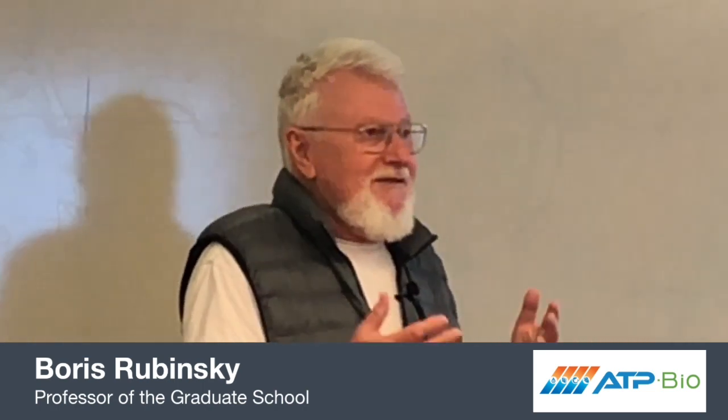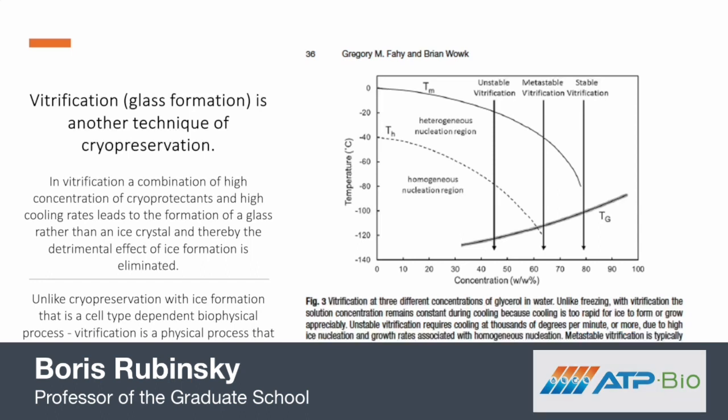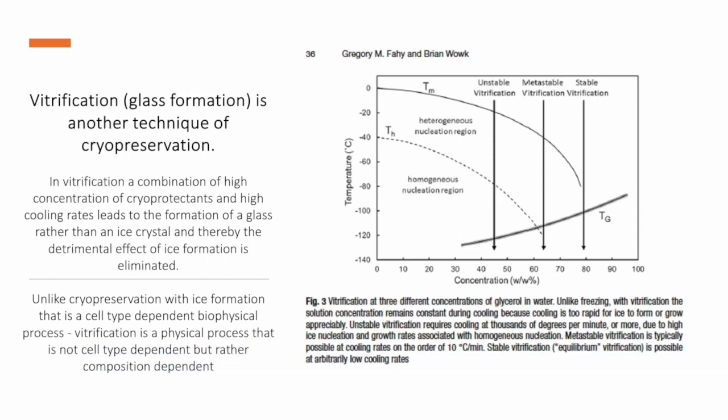It is done by increasing the viscosity of the fluid. How do you increase the viscosity? Again, with cryoprotectants. You introduce sufficiently high viscosity cryoprotectants so that as you lower the temperature, the water becomes a glass. Now, this process is strongly dependent on cooling rates.